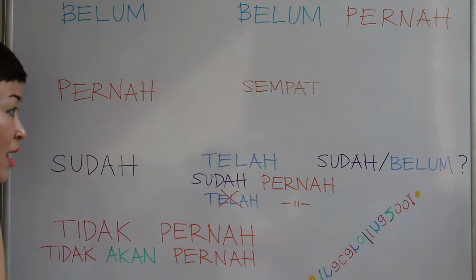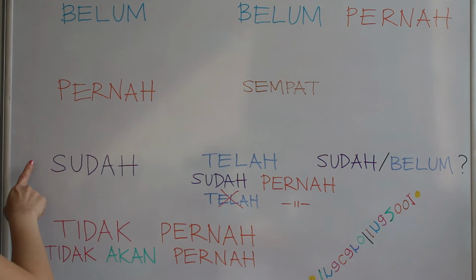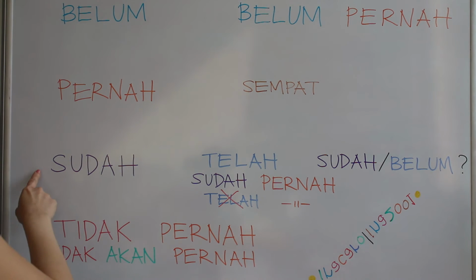Sempat is have a chance. Sudah is have already, already have.